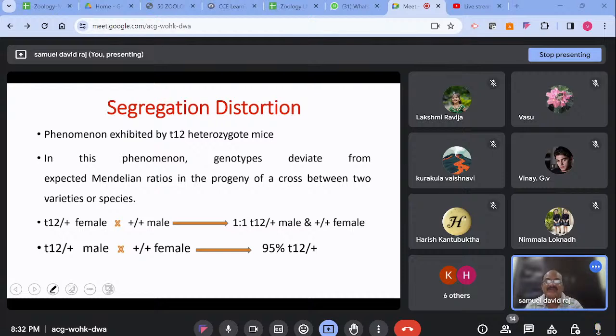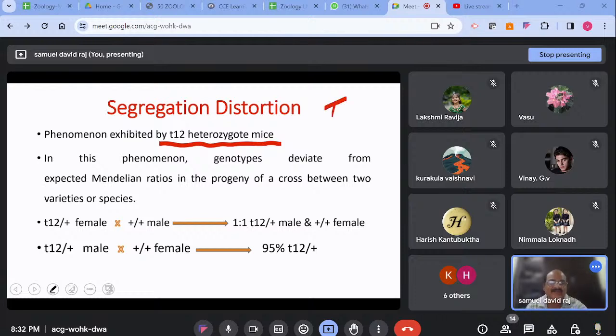They also observed another phenomenon called segregation distortion. The phenomenon exhibited by T12 heterozygote mice is called segregation distortion. This is what we have to remember. Segregation distortion means the general Mendelian segregation is not going to take place.